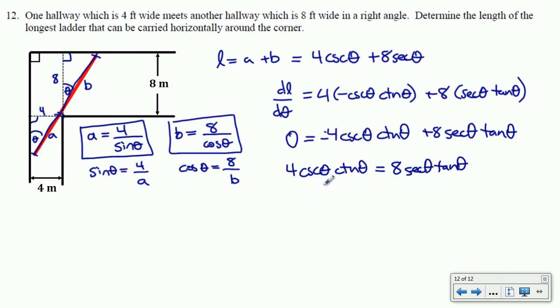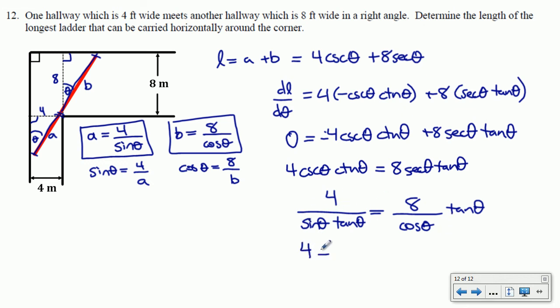So maybe next I'll express these as just a sine and a regular tan, so I'll go 4 over sine theta tan theta equals 8 over cos theta times tan theta. Now what I'm going to do is multiply both sides by sine theta tan theta, so I'll get now 4 equals 8, so this sine would go, we'll maybe put it there, so sine theta over cos theta, and the tan I'll just pair up with that one, so it'd be tan squared theta.